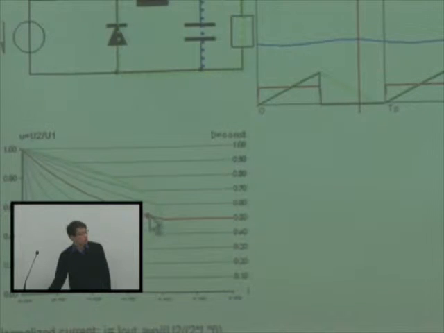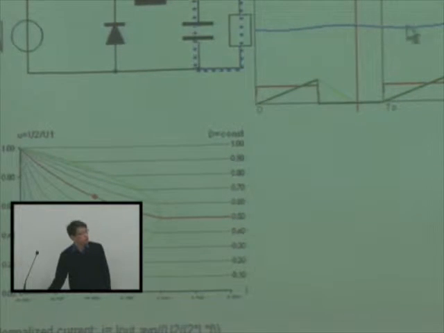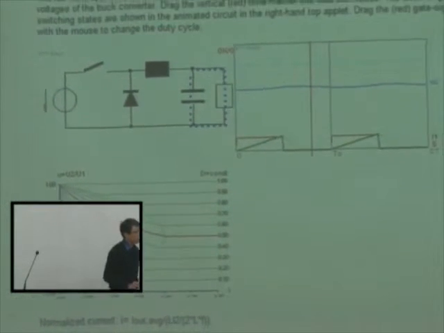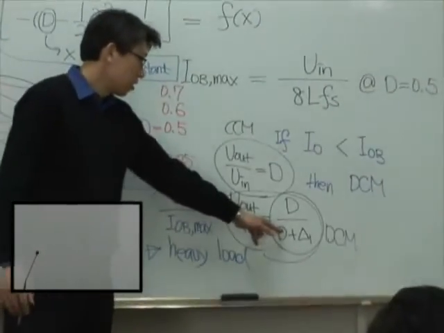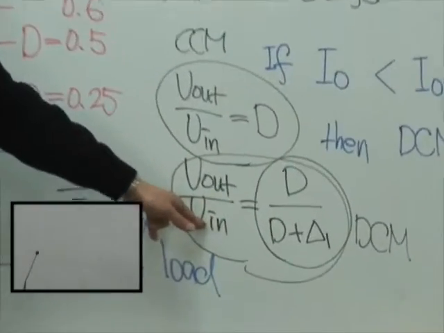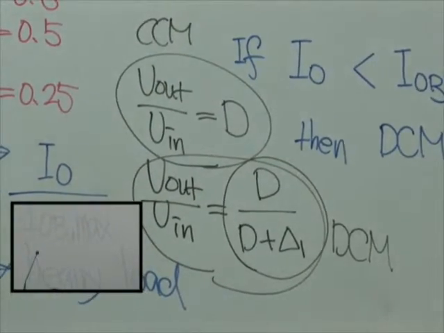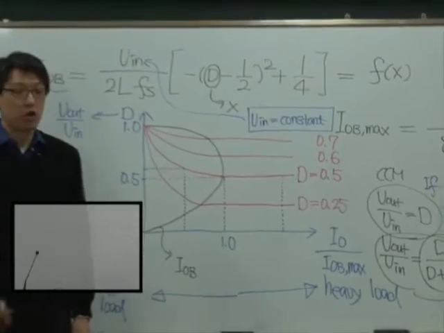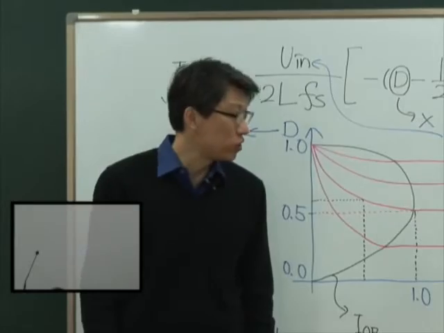Now, when I go into this, output voltage is increasing, right? Why? Because if I maintain the same duty and same input voltage, then output voltage increases under discontinuous conduction mode, right? That's why I told you you have to decrease the duty in order to generate the same output voltage.